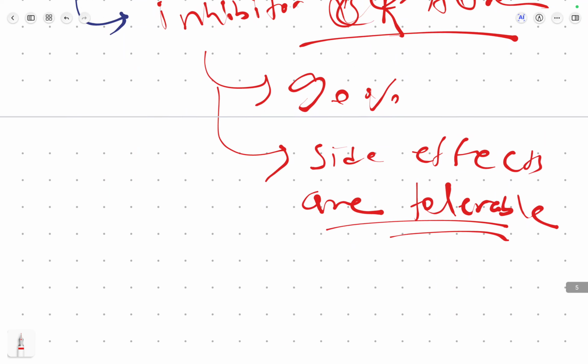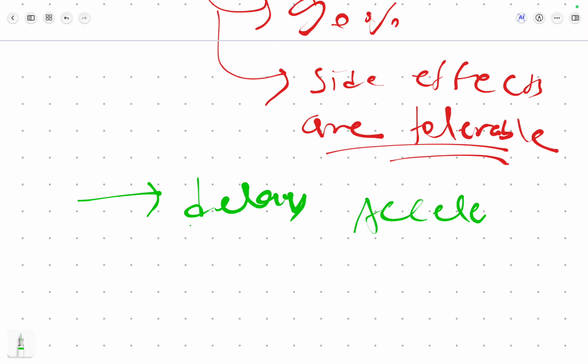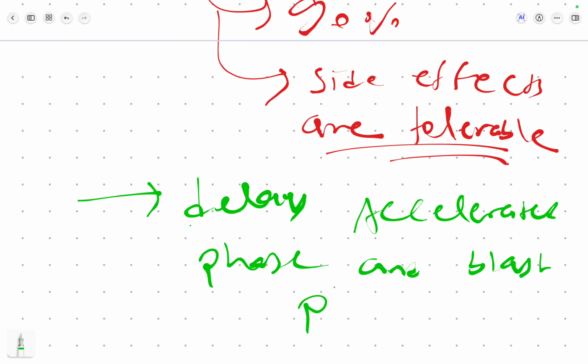And this medicine lengthens the accelerated phase, or you can say delays the accelerated phase and the blast phase. So this medicine generally helps to prolong the life of the person.